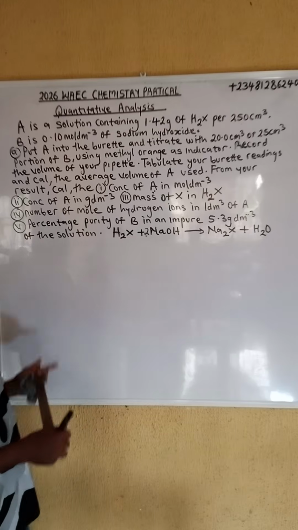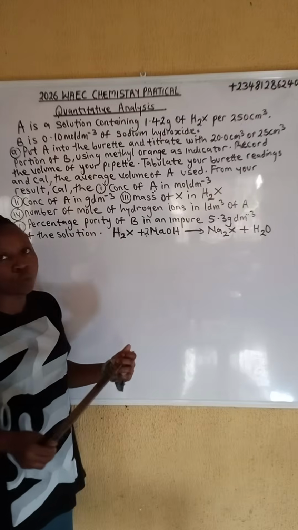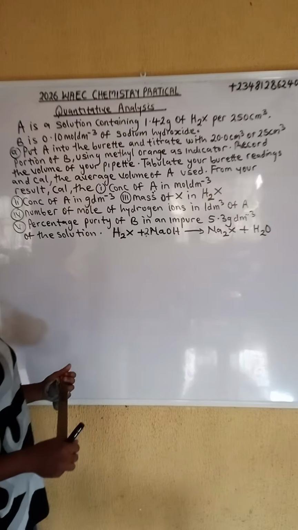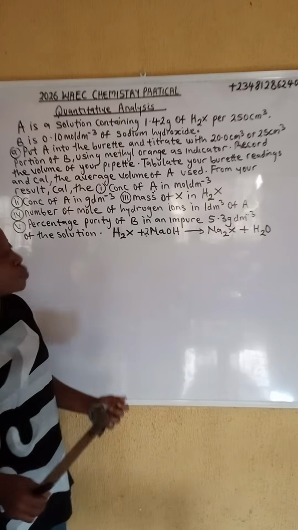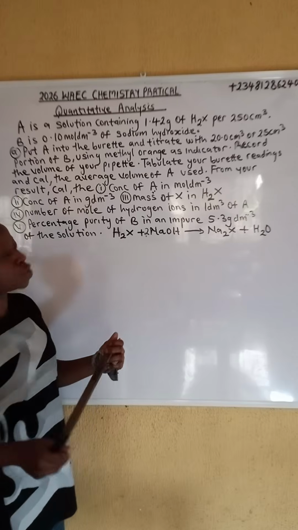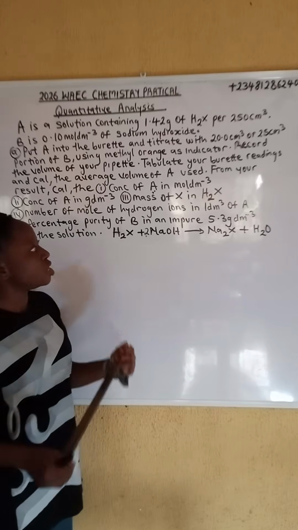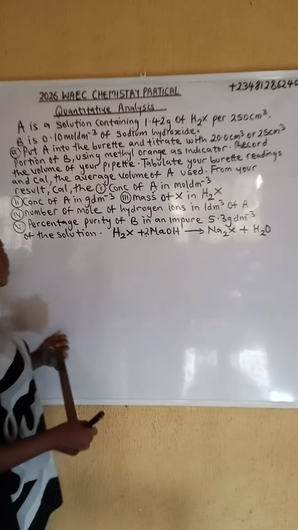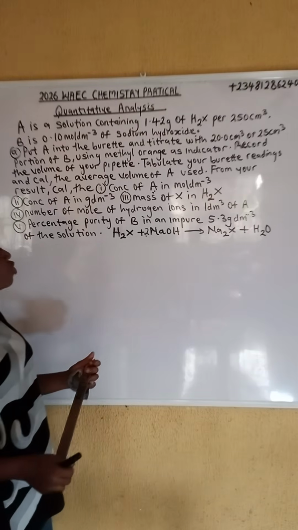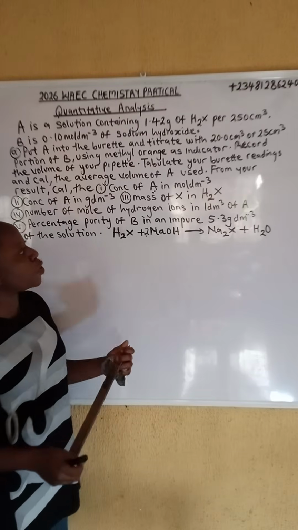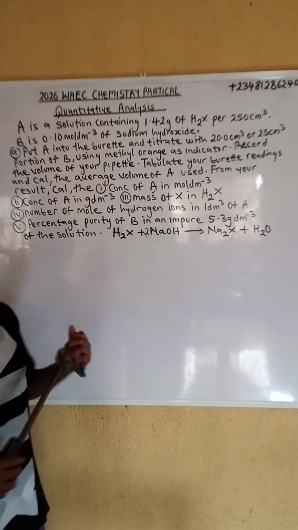From your results, calculate the concentration of A in mole per dm³, the concentration of A in gram per dm³, mass of X in H2S, the number of mole of hydrogen ions in 1 dm³ of A. Then the last one is the percentage purity of B in an impure 5.3 grams of the solution.